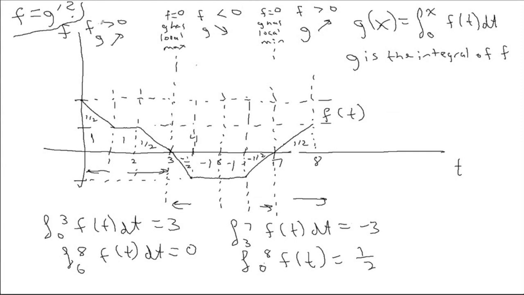Well, that would make sense if G prime was changing from positive to negative, because we know that that's where G has to have a local max. And where f changed from negative to positive, that's where G had a local min. Well, that would make sense if f really meant G prime, because we know that when G prime passes from negative to positive, the first derivative test tells us a local min. So what we've done here is suggested or illustrated that f equals G prime.